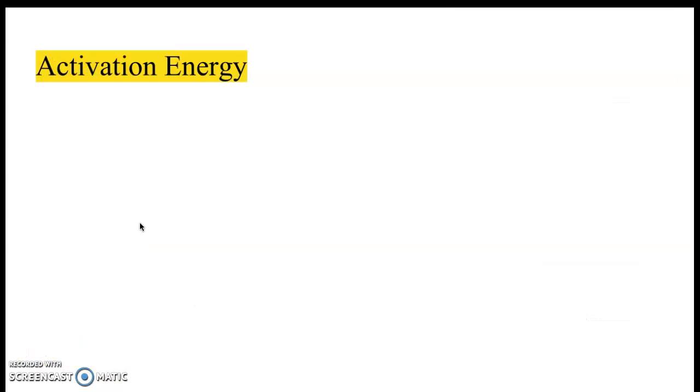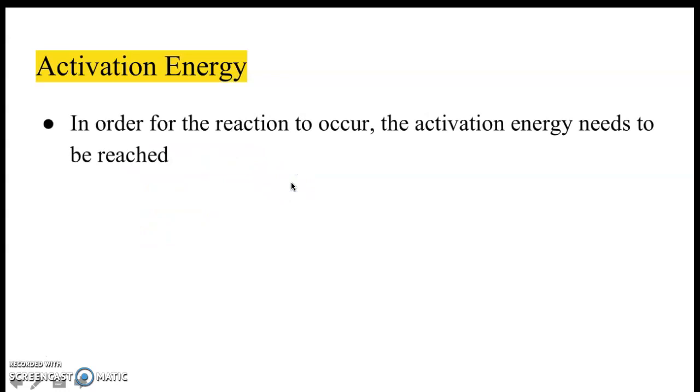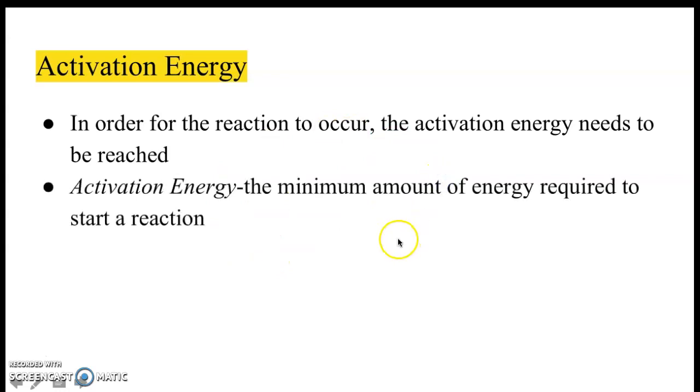All right, a little bit more terminology. Activation energy. In order for a reaction to occur, an activation energy has to be produced, reached, however you want to phrase it. But activation energy is the minimum amount of energy required to start a reaction. So every chemical reaction requires a little bit of a spark, so to speak, of energy in order for it to proceed.